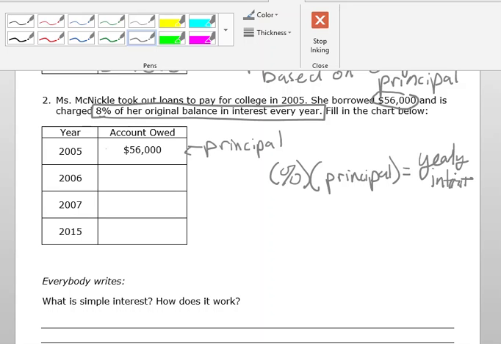So I will say 0.08 times $56,000 is equal to, let me check my calculation here, $56,000 times 0.08 is equal to $4,480.